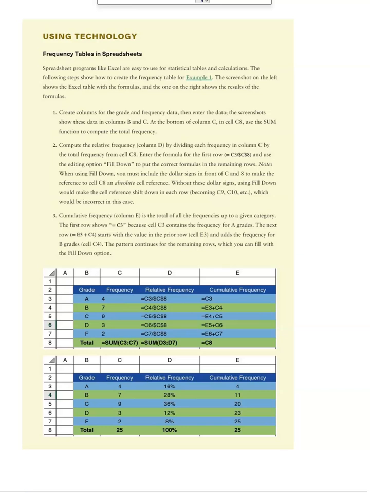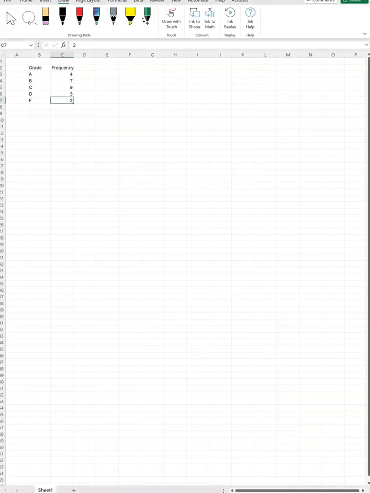Okay, so I've jumped ahead and I've already put in the grades A, B, C, D, F, and the frequencies 4, 7, 9, 3, and 2. I've already put that in my Excel spreadsheet, up here in the corner.